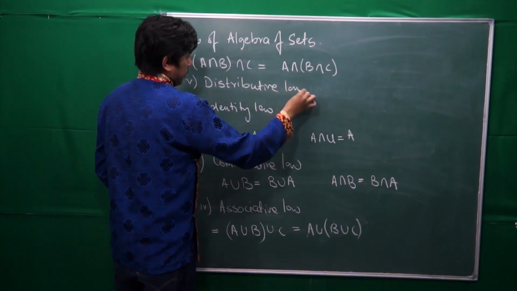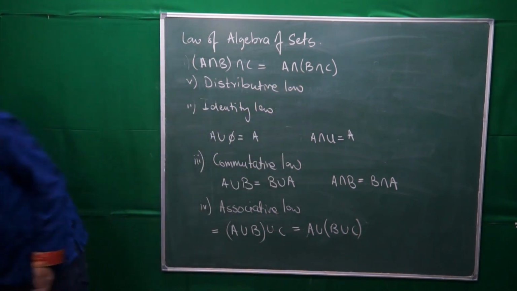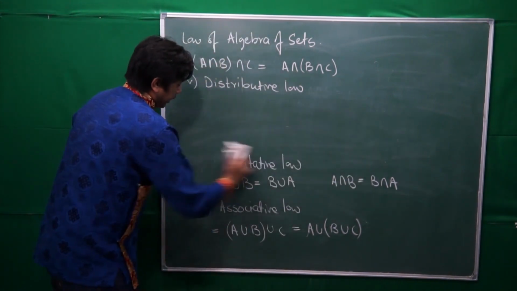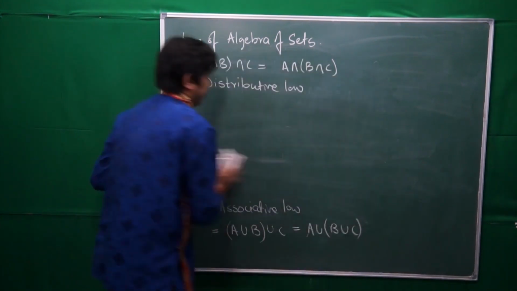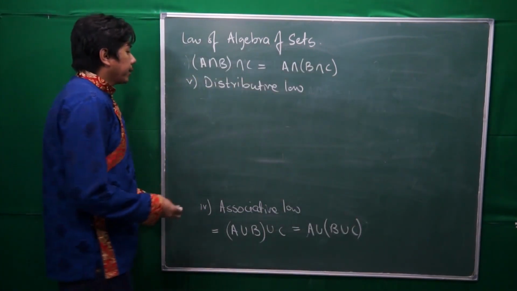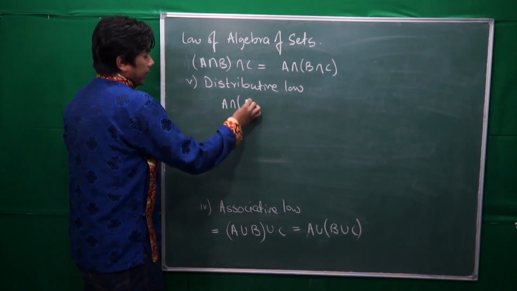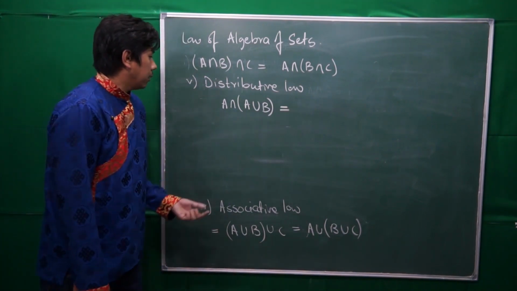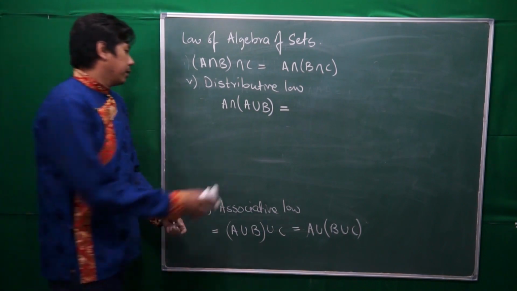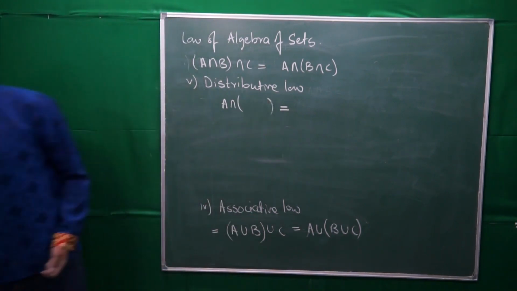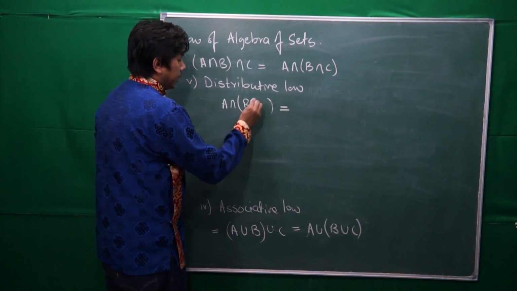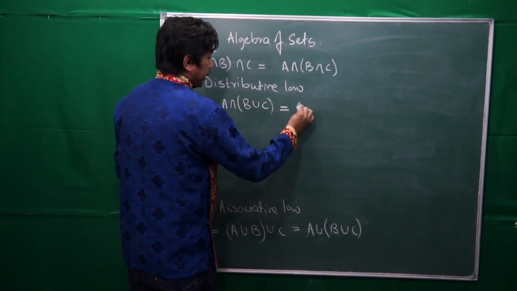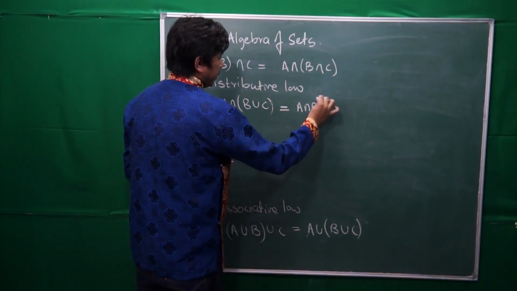Okay, now law number 5, we have distributive law. As the name suggests, we have to show the distributive nature of the operations of set. So let's write A intersection B union C. Okay, that would be better. So A intersection B, I am distributing.